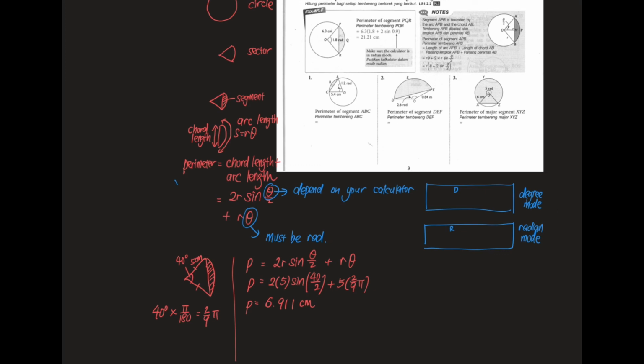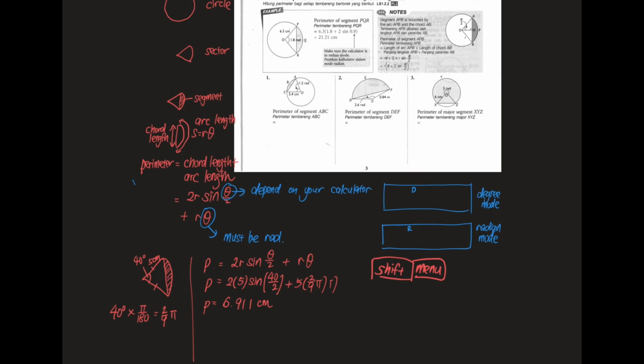Okay, so you have to press shift menu, right here. Shift menu. Then you can see number 2, angle unit. You press that. Then you change to radian mode, you press 2.